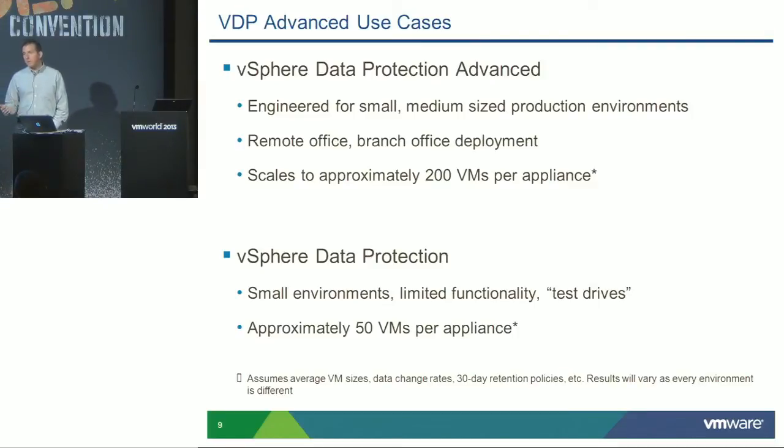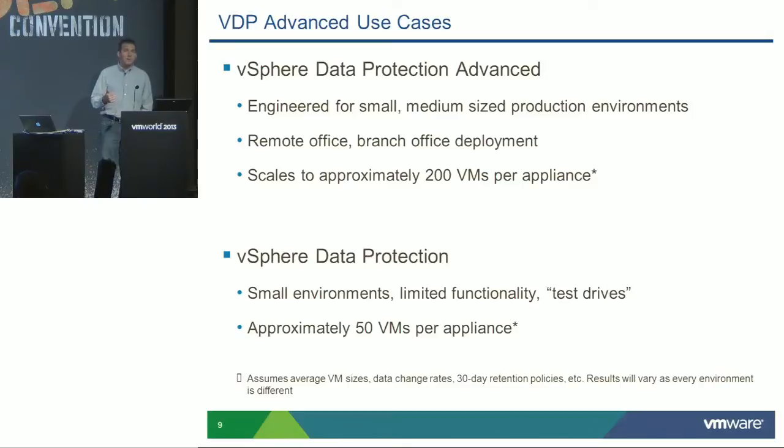If you want to use some of the additional functionalities, such as replication between appliances, the agents, more capacity, Data Domain support, and so forth, that is where you would upgrade to VDP Advanced, which can be done in place. So maybe you want to test drive VDP to start with, and if you like what you see, you can actually apply a license key to that VDP appliance, which will then enable the VDP Advanced functionality.